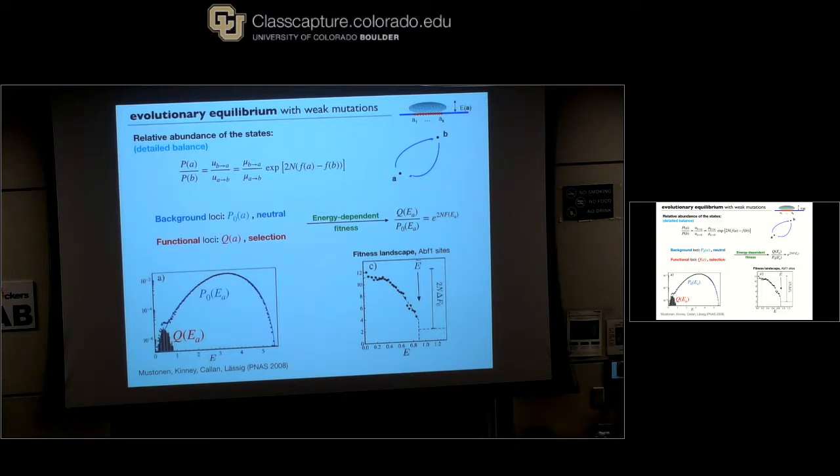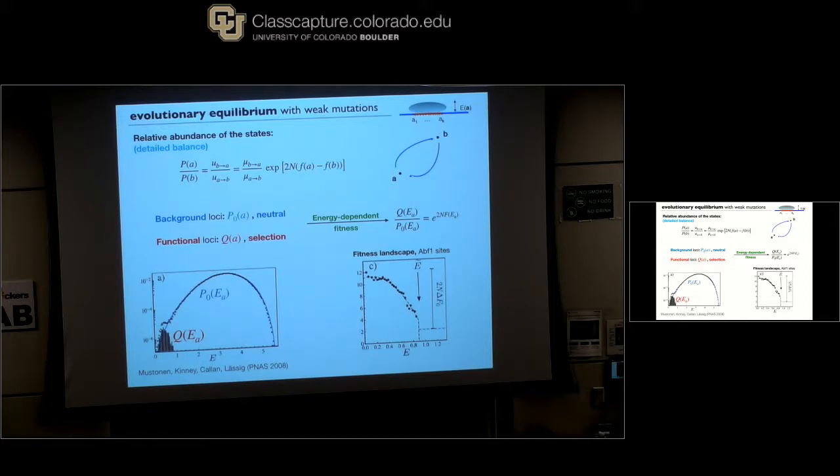Yeah? Just to clarify for myself, so basically the idea is that you observe frequencies of different mutations, and then from there, if you knew the fitness, you would know that the relative rates of transitions would depend on the fitness. And then at the same time, you can compute energy as a function of sequence.